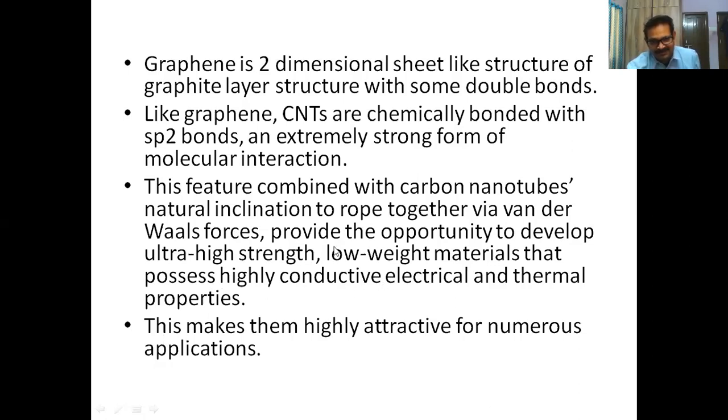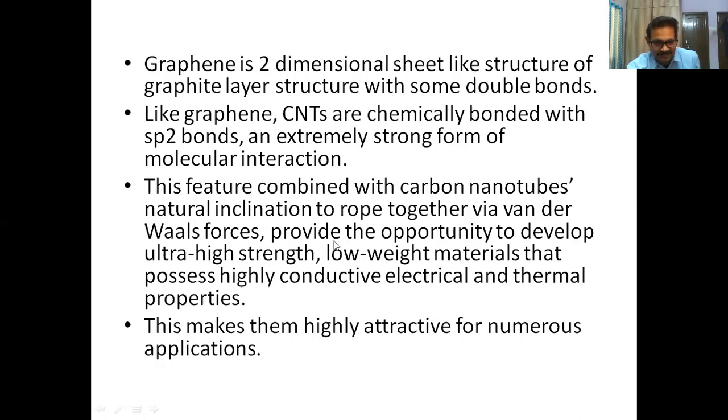So they become highly tensile in nature, showing high tensile strength, low weight, and conductivity as far as electrical and thermal properties are concerned.